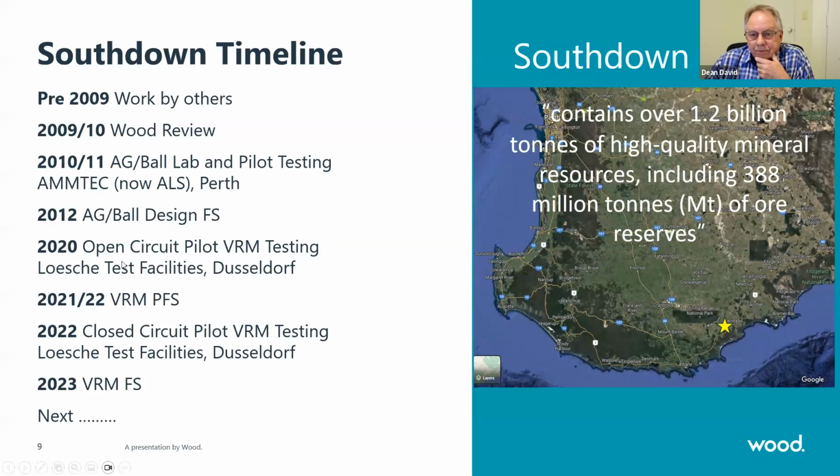Then things picked up, and the interest was back. There was a desire to reduce things like water use, so we looked at some dry processing options. Out of that, because we were already doing work with Loesche on other projects, we recommended doing some testing at Loesche on their ore.